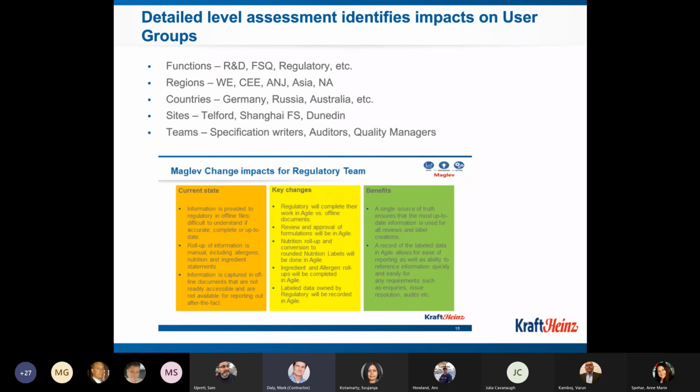So when you start to collect the details, I try and make it clear, particularly when I'm engaging some of the stakeholders, how it might impact them. So if I'm talking to a regulatory team, I'll sketch out a few things and check it with them or build it with them. Say your current state is this in relation to this change, whatever you're doing. The key changes will be this, which is the future state. So the future state, this is what's going to change, and the benefits.